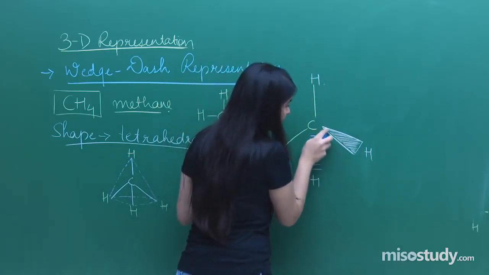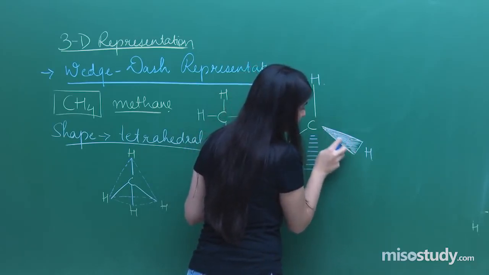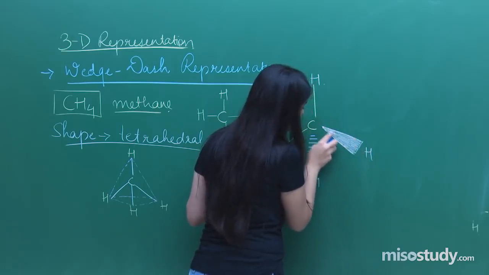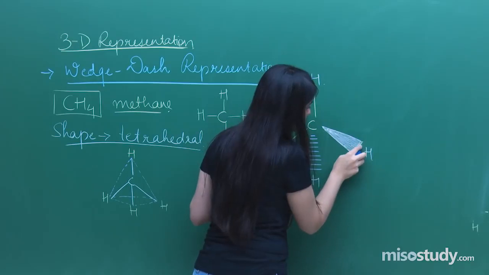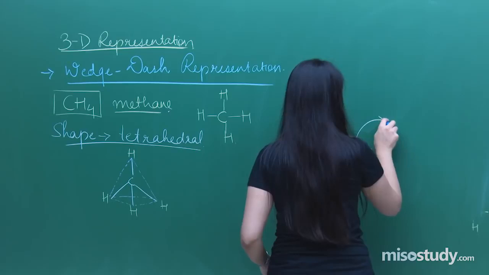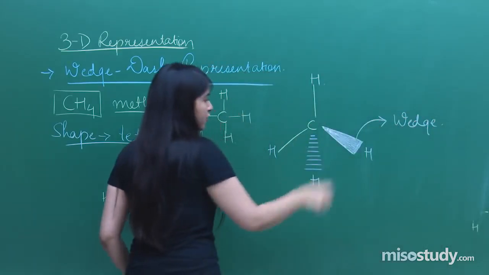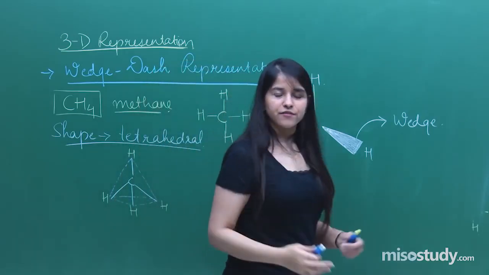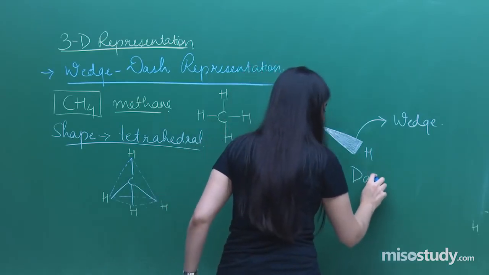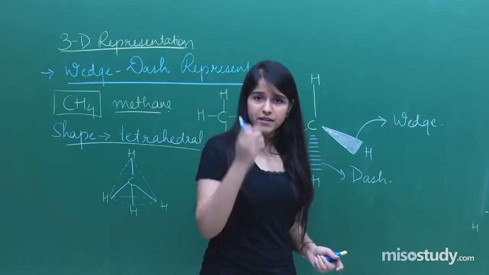I am shading this entire area. That is how you represent it. You need to shade the area properly. So this is known as the wedge. And as you see over here, this is known as the dash. Wedge and a dash, super easy.